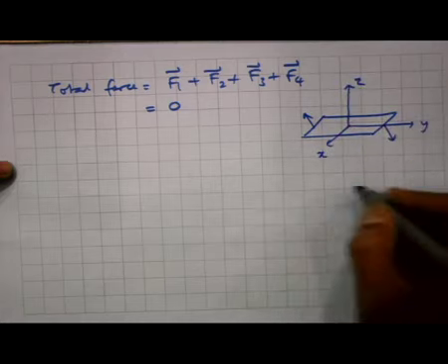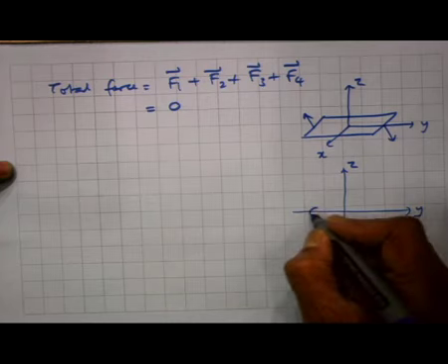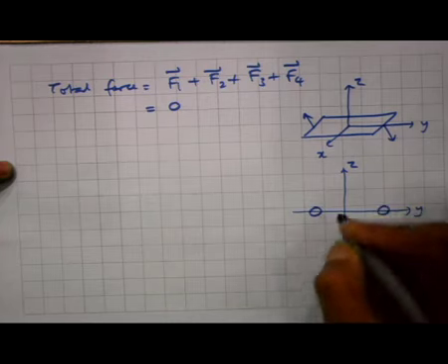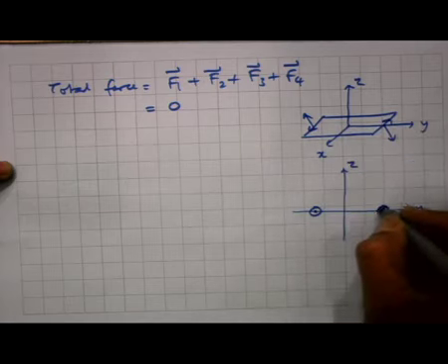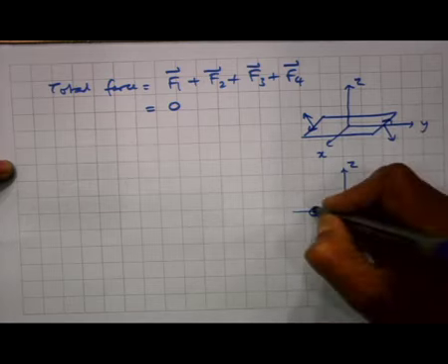Let me draw the figure in the yz plane to be clearer. So, this is y, this is z. There is a conductor here, there is a conductor here. This current is flowing towards me and this current is flowing away from me, and this force is like this and this force is like this. So, this is F1 and this is F3.